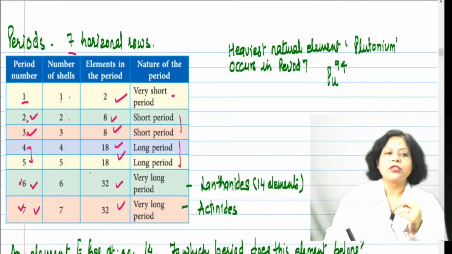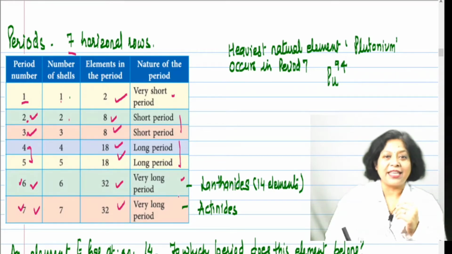Okay, now since periods 6 and 7 are very long, period 6 has 14 elements of lanthanides, and similarly period 7 has 14 elements of actinides. So where have these 14 elements been placed?